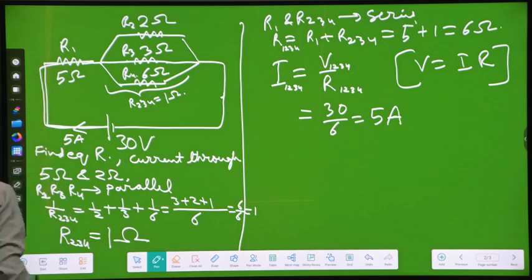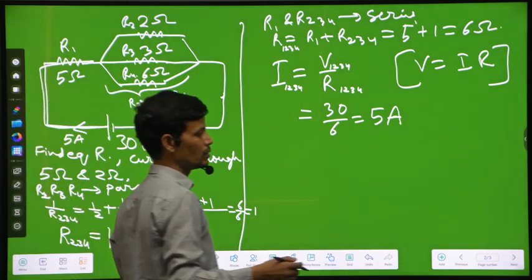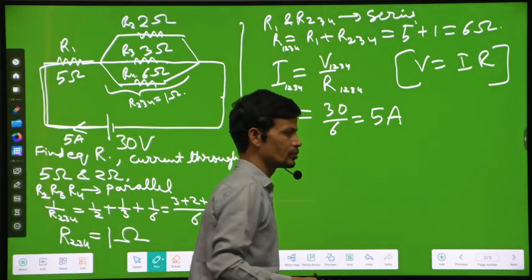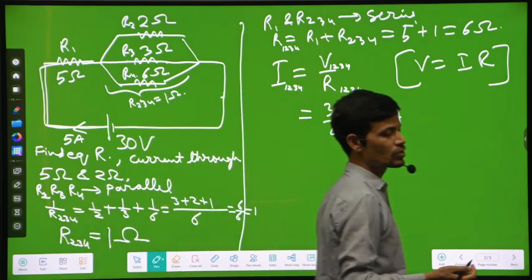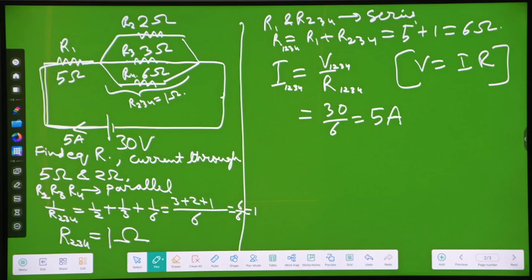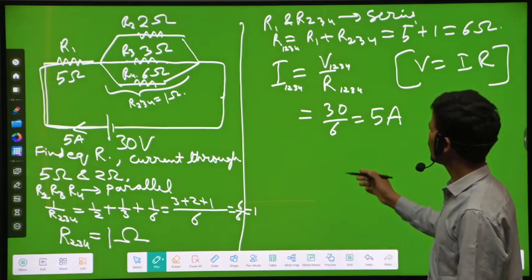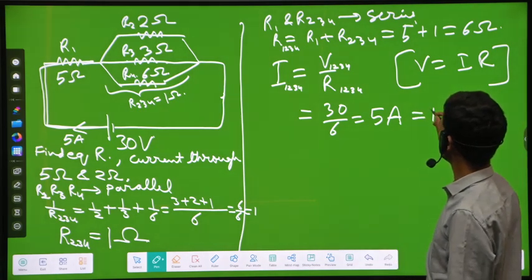We know that current is the same in a series combination. So also here the current will be the same, so we can write that this is equal to I1.